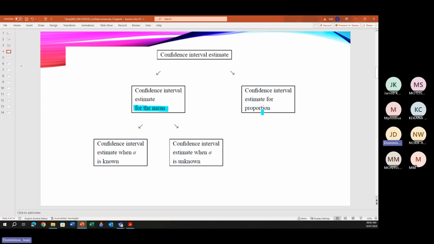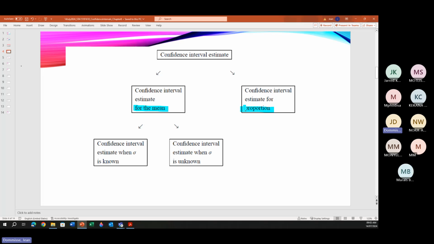And remember, in chapter 7, we also looked at proportions. So that is going to be our first decision when we look at questions. Are we working with a mean? Are we working with a proportion? And then basically why it is three is because there will be information in the question about the standard deviation.